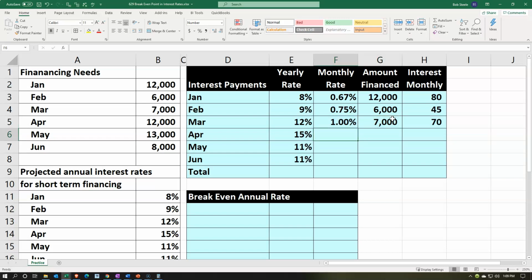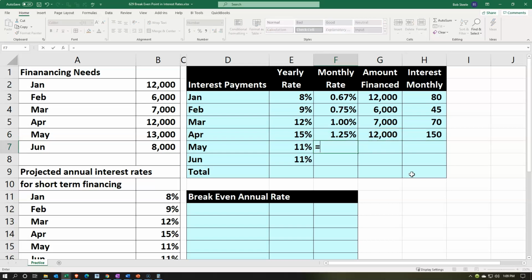And then if we go into April, this is going to be equal to the 15% divided by 12. Percentifying this, going to the Home tab, Numbers group, making it a percent, adding a few decimals. We're at the 1.25. And then we're going to pick up the amount in April, which is the 12,000. Multiply this out. This is going to be the 1.25% times the 12,000. That's going to be the 150.